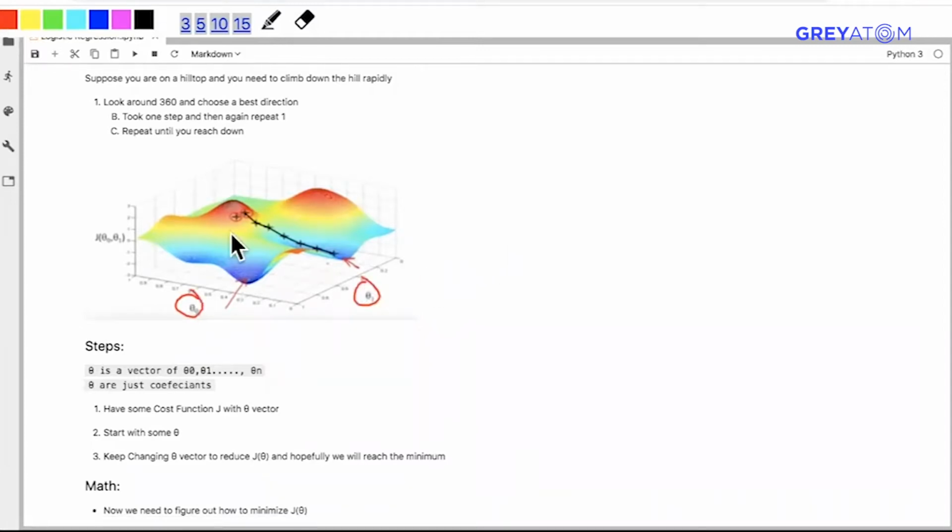Suppose you initialize your theta here, at the top of the hill. You look around and find, oh, this is a good path, and you go here. Then you again look around 360 degrees, and you come here. You again look around, and you finally come here. So this is the minimum point for this graph. This is what we strive to do.